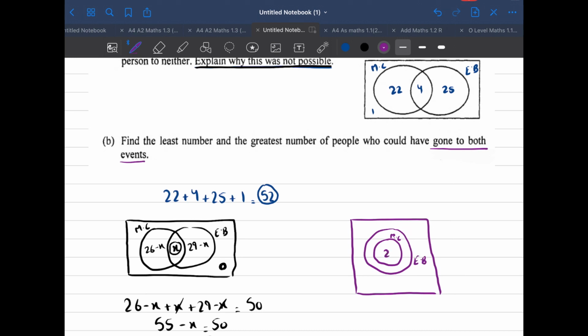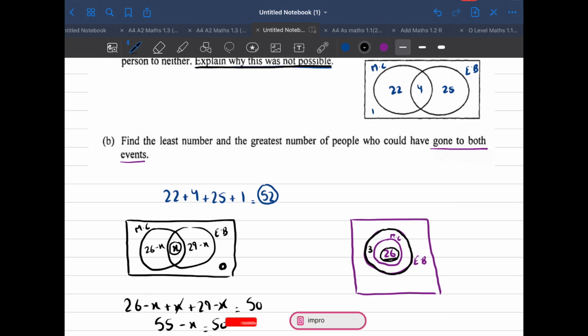In the morning cruise, how many people were there? 26. In the evening barbecue, there are a total of 29 people. 26 are already here. So how many more are needed? 3. These 26 people represent that they are going for the morning cruise also and the evening barbecue also.